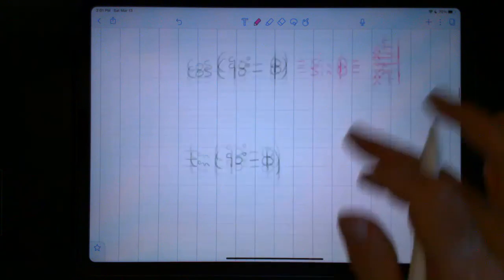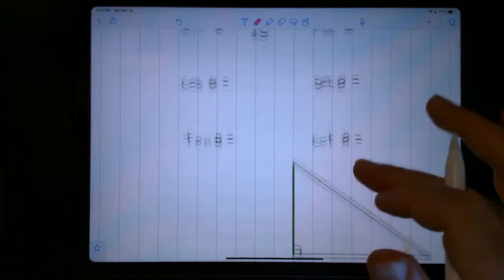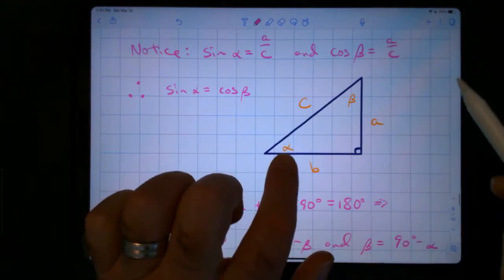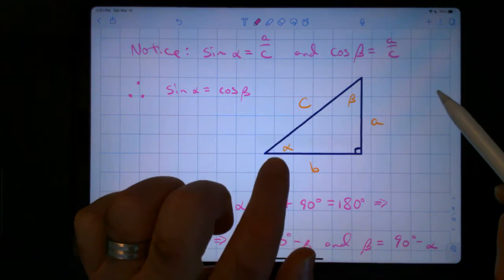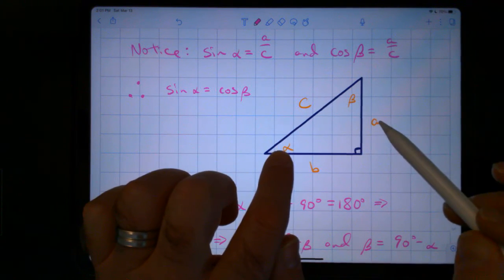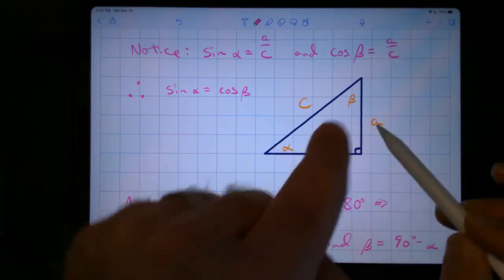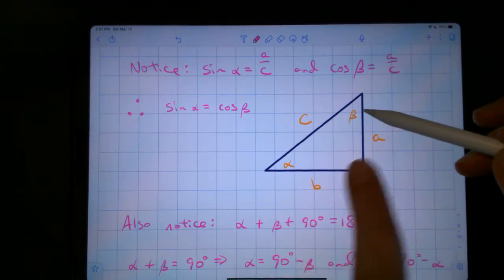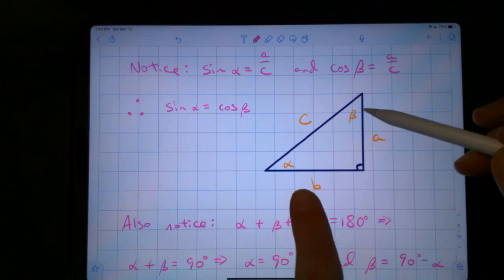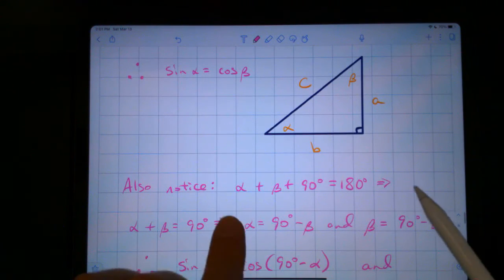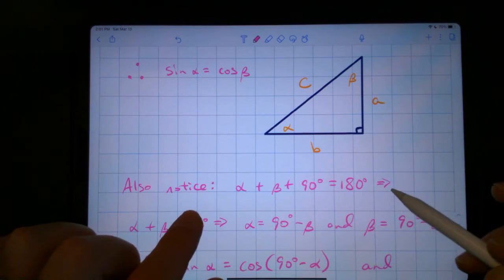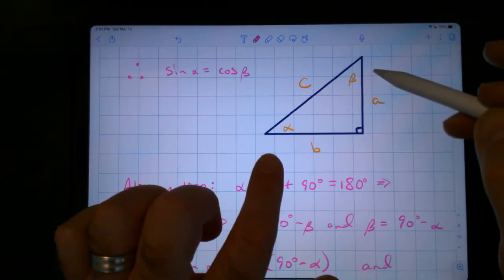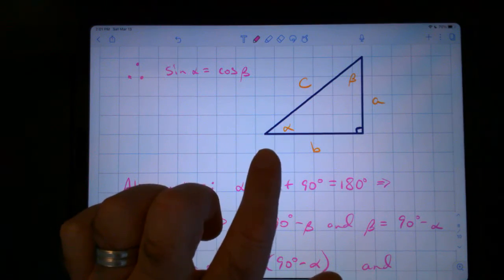As you look at the triangle, any generic, so tangent of alpha is going to be the sine over cosine. Cotangent of beta is cosine over sine. So just as these are supplemental angles, as well the tangent and cotangent, secant and cosecant.